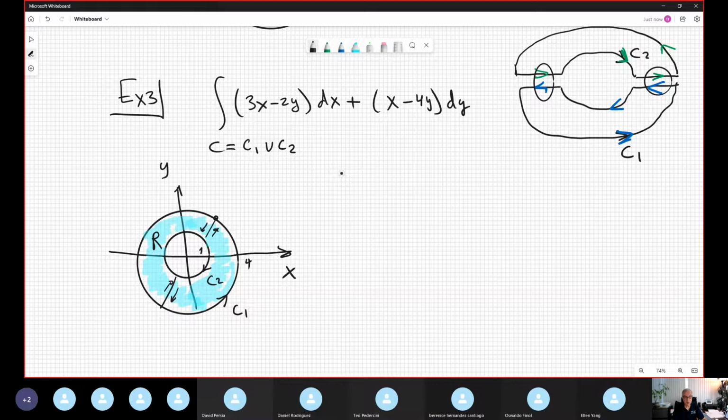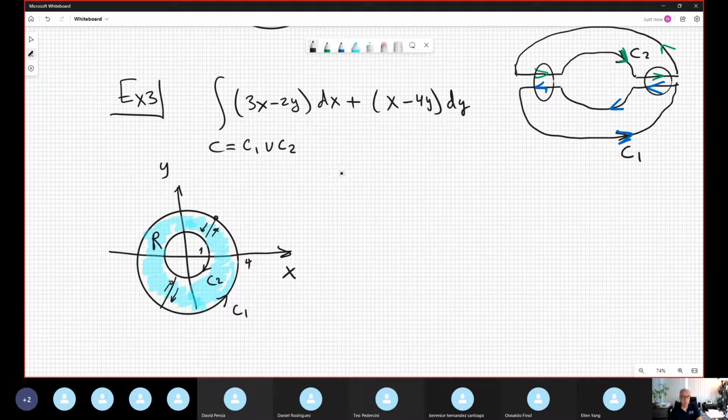I focus on the non-simple connecting curve. So it's two curves separately, but artificially, mentally, in my mind, I can connect them using the segment. But I know in this segment, the line integral is the same value and opposite sign. So it doesn't affect my answer.